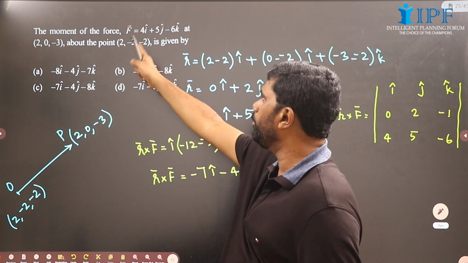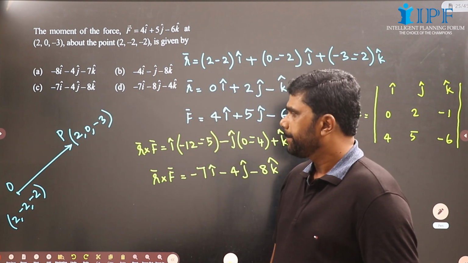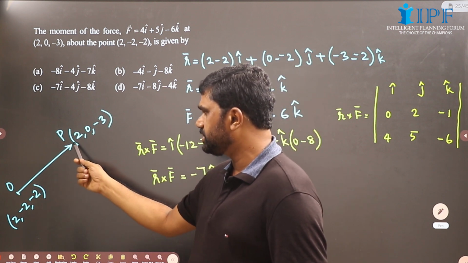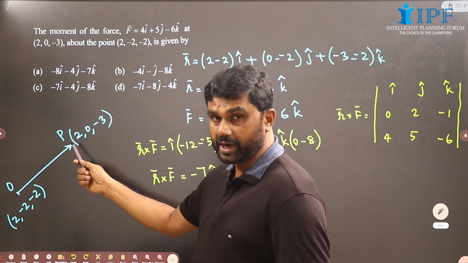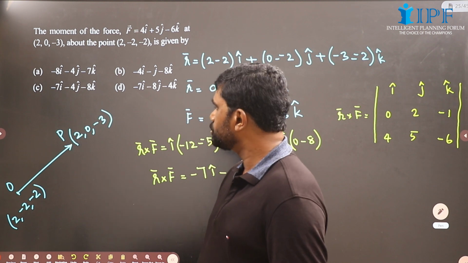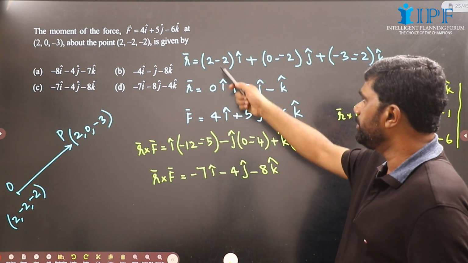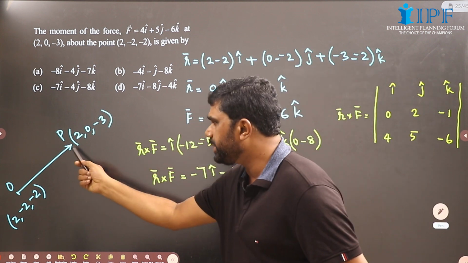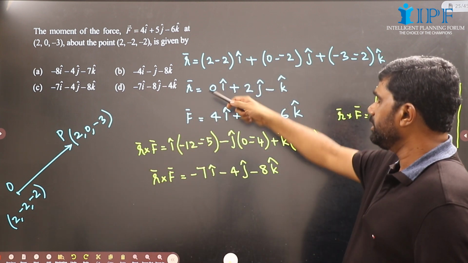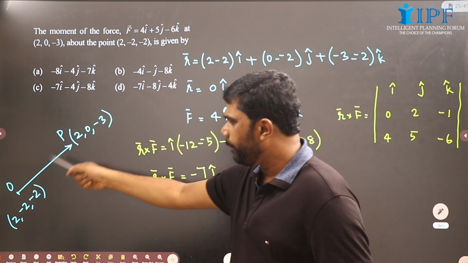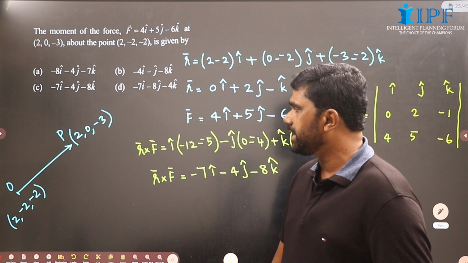Now this one is the reference point and this is the point where the body or particle is located. So the position vector will be OP, and in component form that OP will be 2 minus 2, that is 0 i cap.